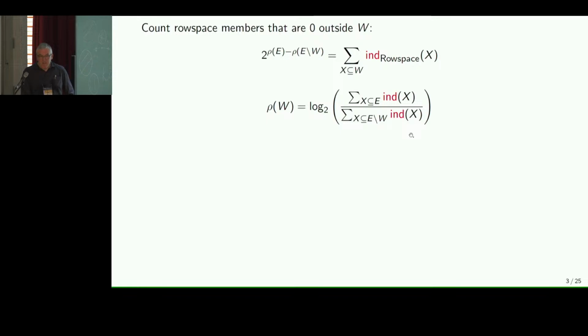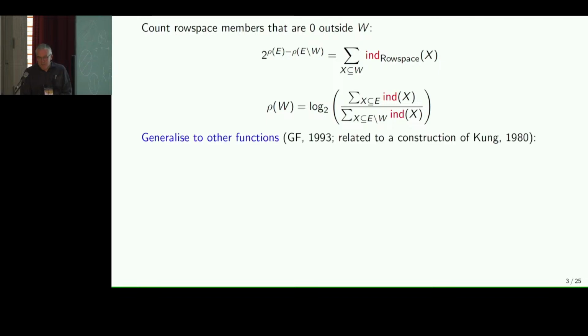And I guess Jeff was referring in his talk to papers of his that he did a long time ago, so I'm trying to break his record for being the oldest sort of self-citation in the conference. So back in 1993, I tried to generalise this to arbitrary functions, any function on all the subsets that doesn't have to be the indicator function of a linear space, because this gives you a way of assigning something that can play the role of a rank.